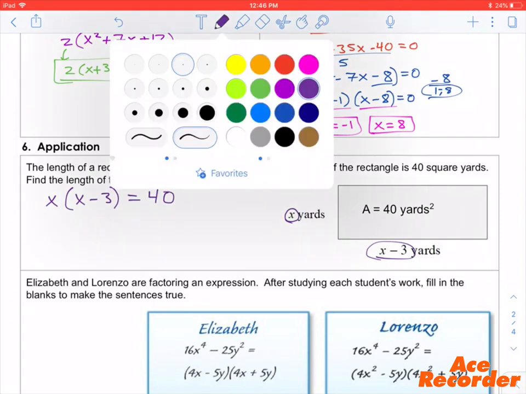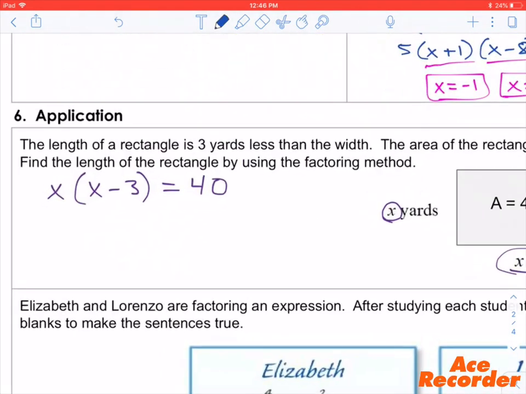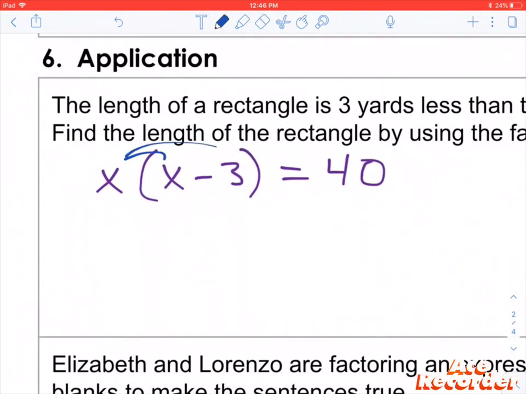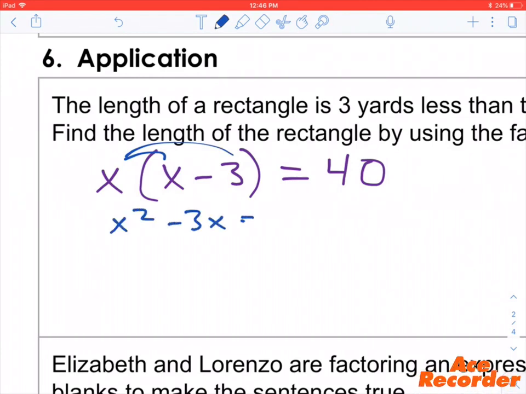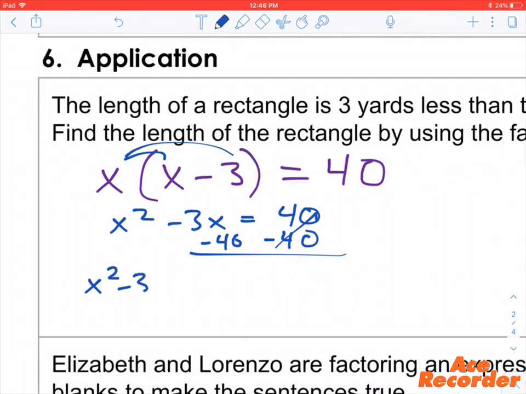So to do this problem, you have to first distribute and then get it equal to 0. So x squared minus 3x equals 40. Now get it equal to 0 by subtracting 40. So x squared minus 3x minus 40 equals 0.